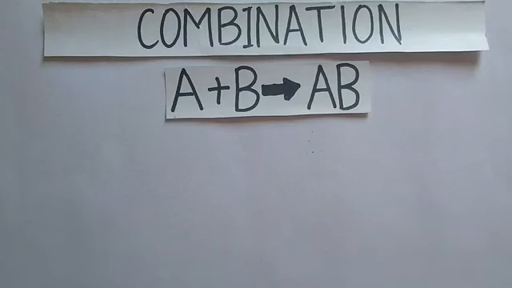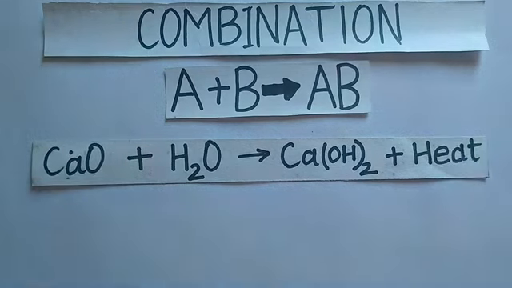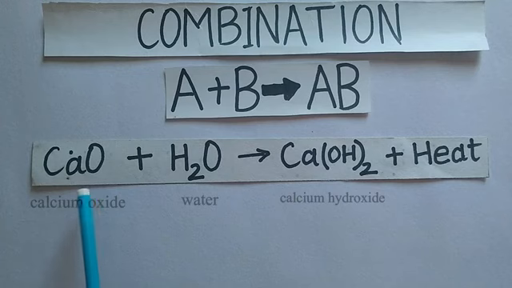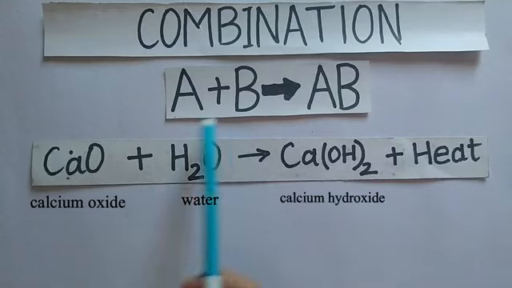So we will take this first chemical equation. What exactly is happening here? CaO, which is calcium oxide, which is also known as quicklime. Remember to note all of this down. The name of this compound is calcium oxide and another name given to it is quicklime. Alright? So calcium oxide combines with water.